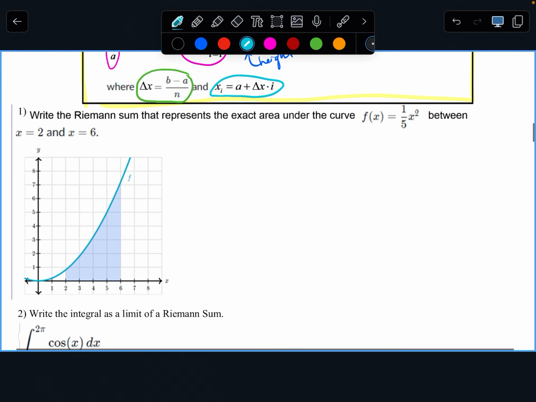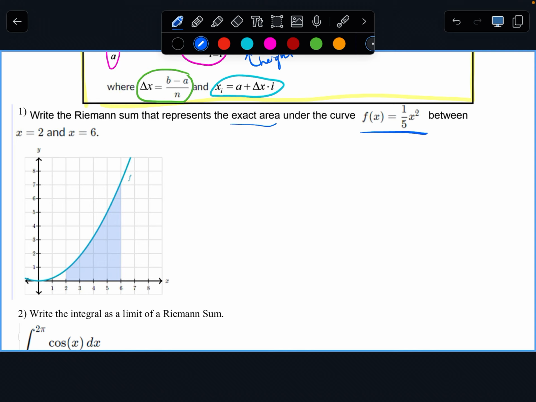So if we're going to write a Riemann sum that represents this exact area under this curve, this is like how I get my height. And we want the exact area.